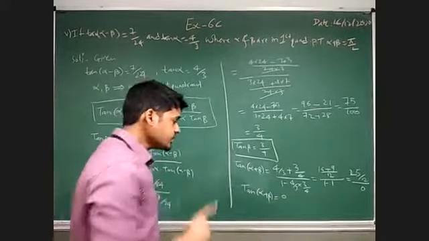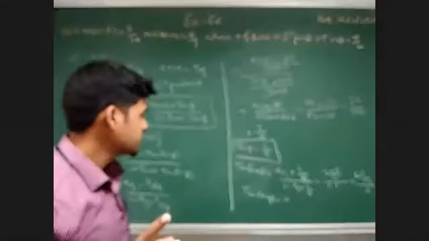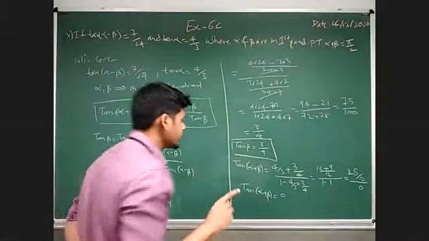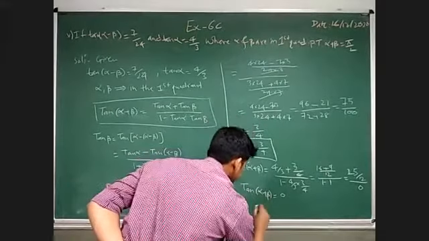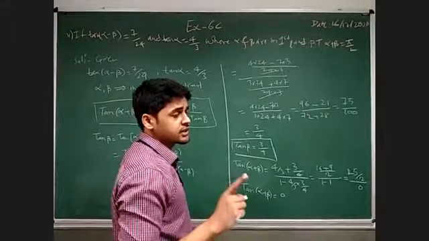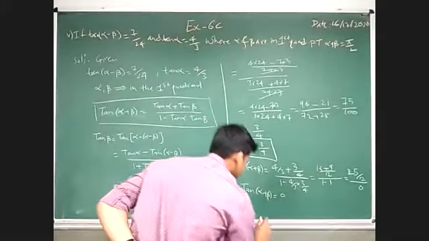So tan(alpha plus beta) is equal to 0 in the denominator, that means it will be infinite, and infinite occurs at the angle of 90 degrees.